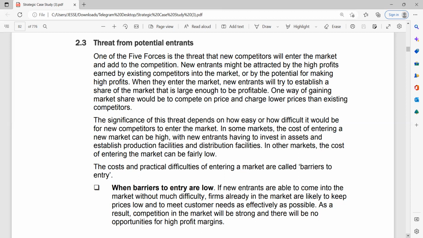If the threat is very, very high, that has an implication on competition. If the threat is very, very low, it also has an implication on the competition. One of the 5 forces is the threat that new competitors will enter the market and add to competition. So if new competitors come into the market, competition will increase.